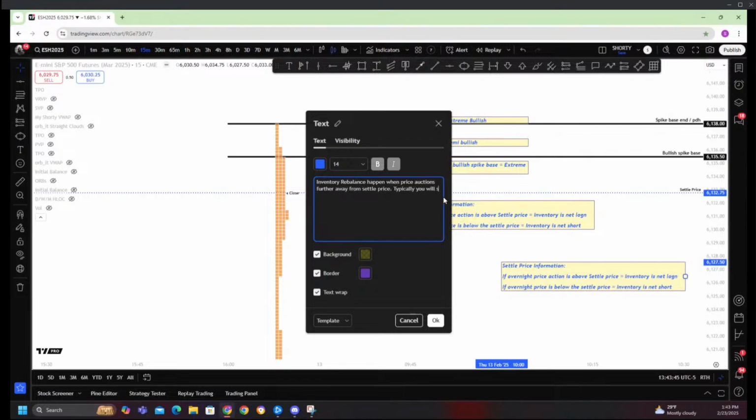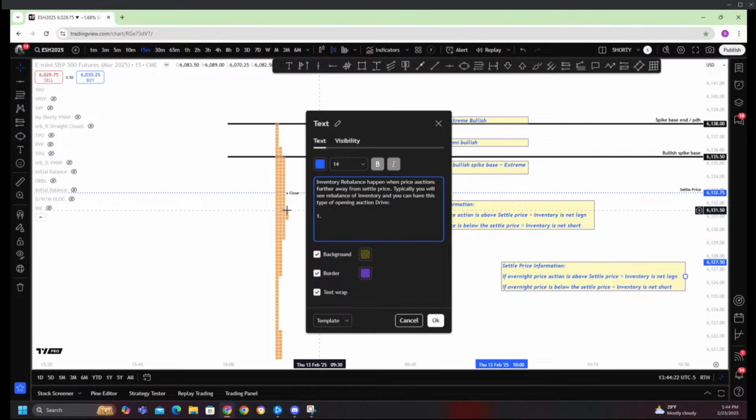Typically, you will see a rebalance of inventory, and you can have this type of open auction drive. What is that? There are 4 types of those, right? Let's say we are above the settle price overnight, and then they do something, and then they continue the way they were, long.